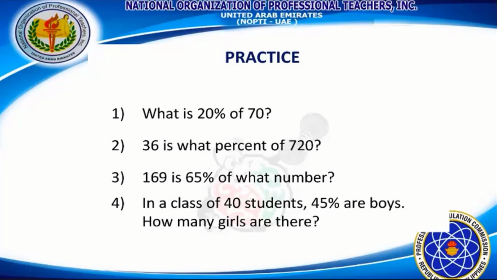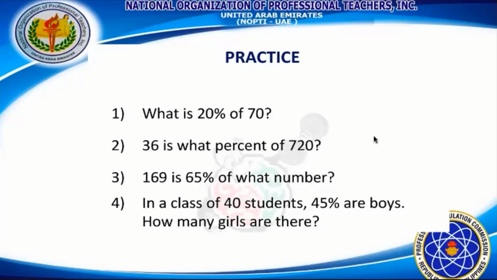Actually there are only three kinds, percentage, base, and rate go around in circles. So number 2, okay? What's the answer to number 2? 36 is what percent of 720? Ma'am Pamela says 5, Sir Mark, 5, Sir Danilo, 5. Correct.